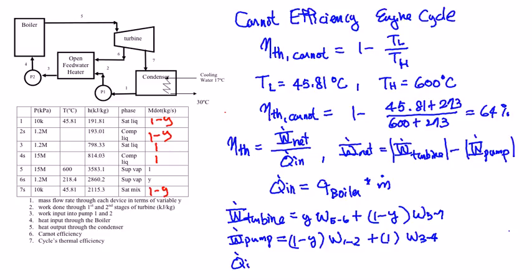And Q in is equal to the mass flow rate through the boiler, which is mass flow rate at 4, that's equal to 1. And Q from 4 to 5.